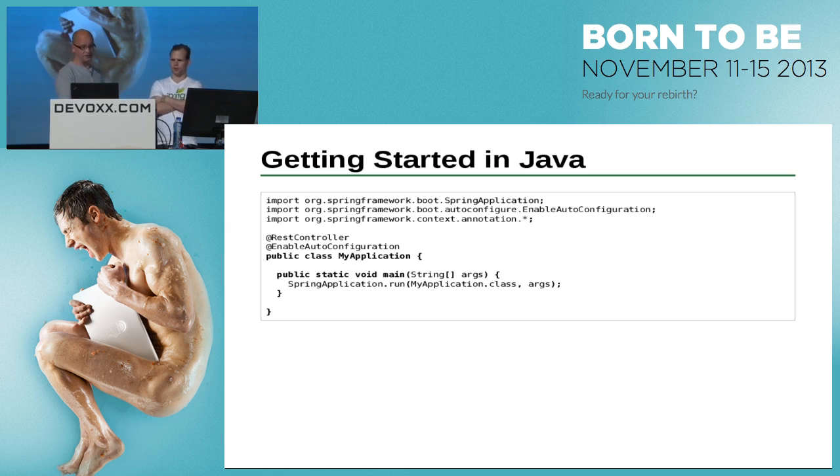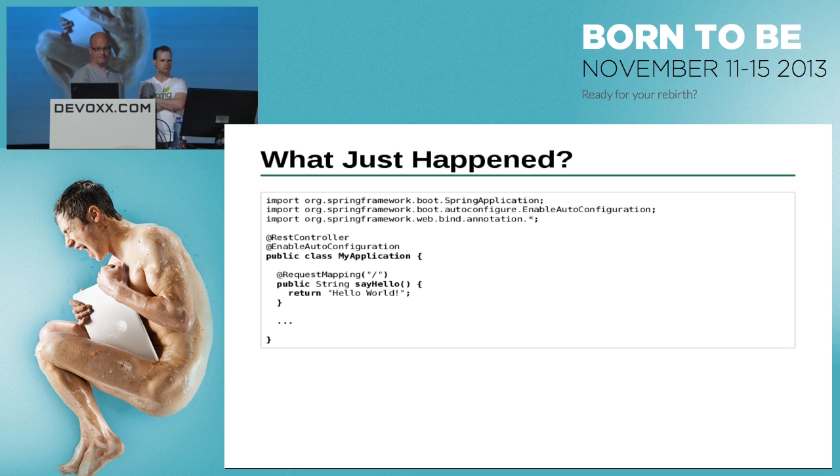Sure. Yeah, okay, so getting started in Java. You saw me add that @RestController. What just happened? Well, in Java, I guess now I'm filling in the gaps. The @EnableAutoConfiguration was the main thing that happened. It didn't pull in dependencies; the dependencies had to be on the class path already.